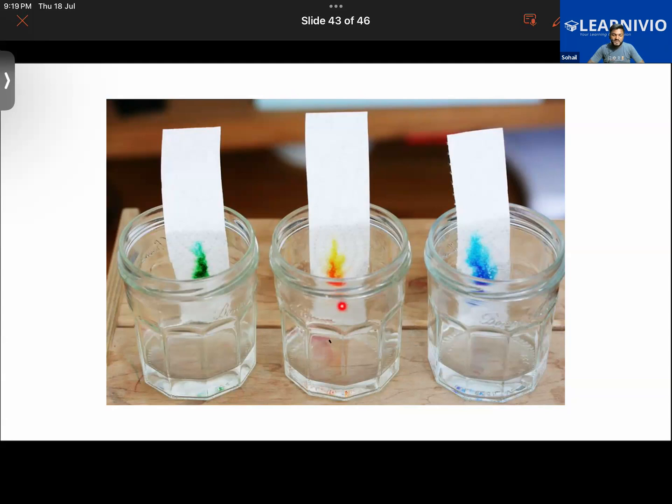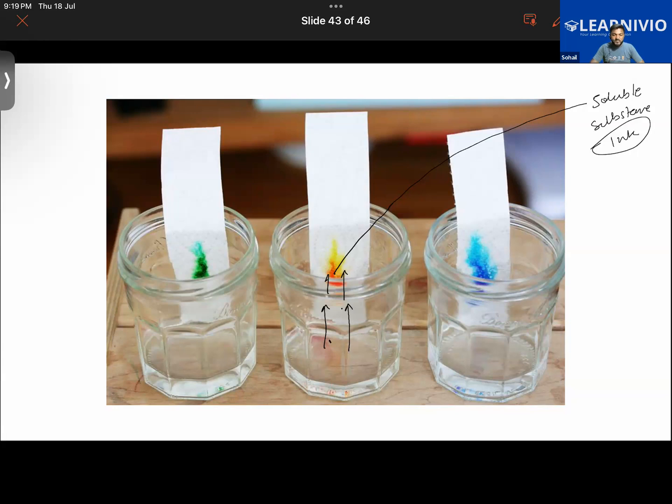So what happens? As the paper absorbs the water, the soluble substance present here is the ink. So ink is soluble in water. Getting it?